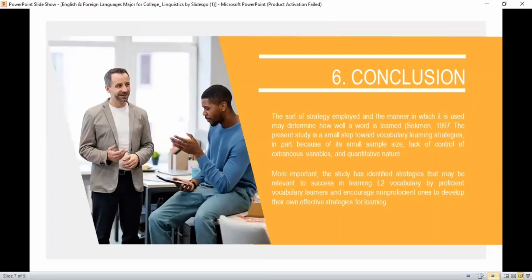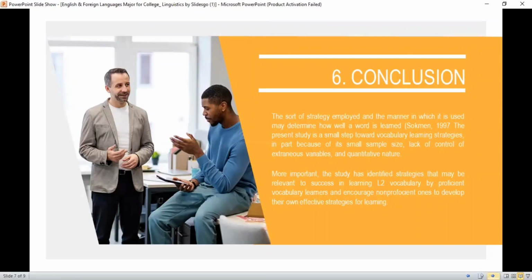The present study has some limitations, in part because of its small sample size, lack of control of extraneous variables, and quantitative nature. In terms of importance, the study has identified strategies that may be relevant to success in learning vocabulary by proficient vocabulary learners and encourage non-proficient ones to develop their own effective strategies for learning.